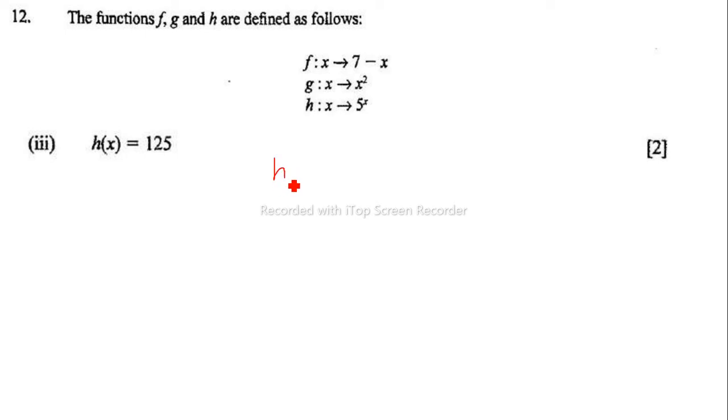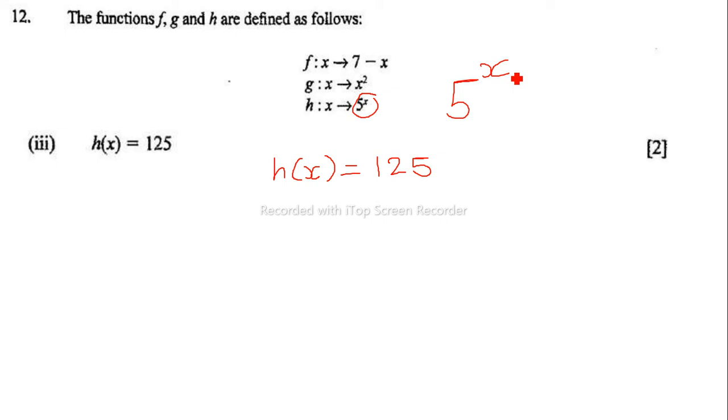Alright, so H of x. Lionel, you wrong, you cruel. Lionel say I didn't forget the thing even exists. Wow. Alright, so H of x is going to give us H of x equals 125. Now, the thing about this one is, you could kind of answer it yourself in your mind. Like 5 to the power of x.